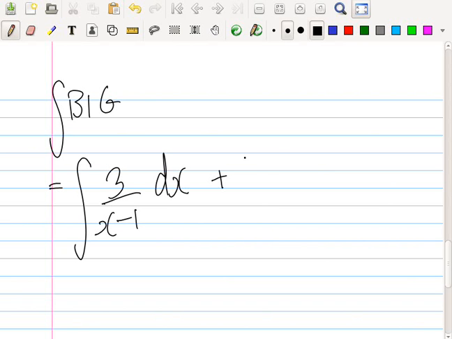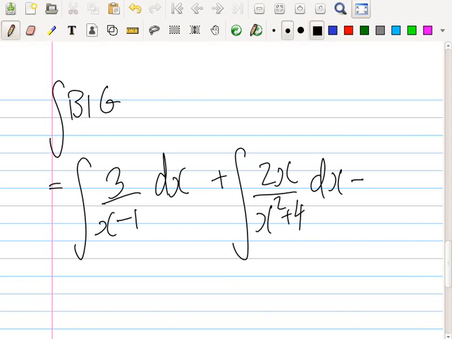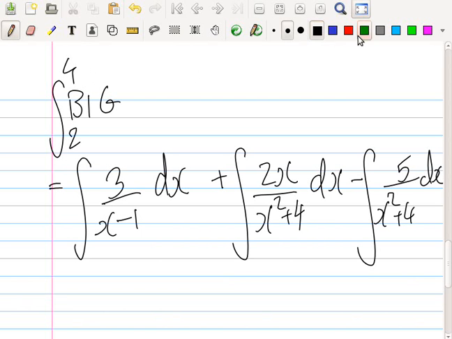So plus 2x over x squared plus 4 dx. And then the last one, c? Minus 5 over x squared plus 4 dx. So he asks us to calculate this big integration, but that's equal to 3 small ones.